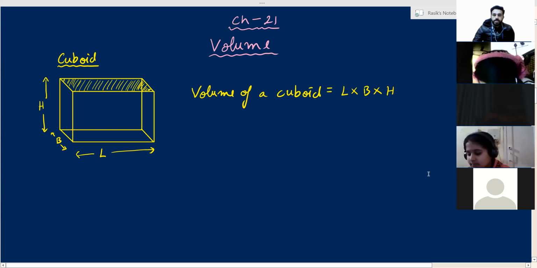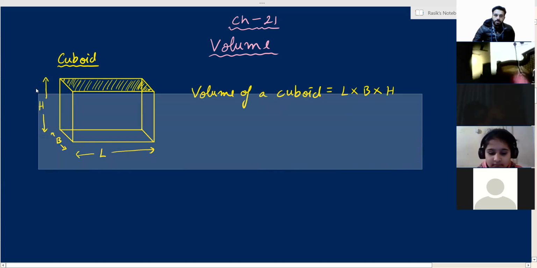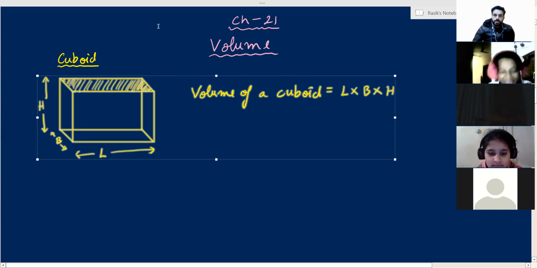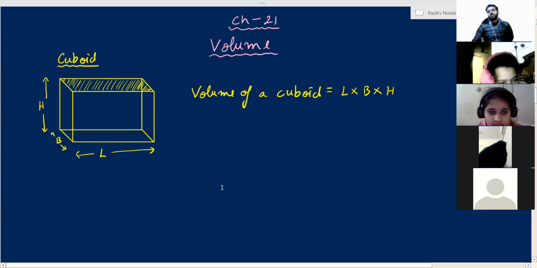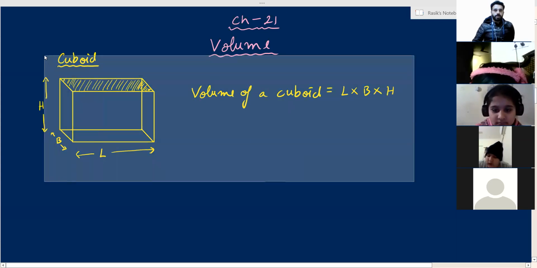Then we move to the next step. Can we start doing the next step? So please wait. Okay, I'm drawing it here only. I'm not erasing it.